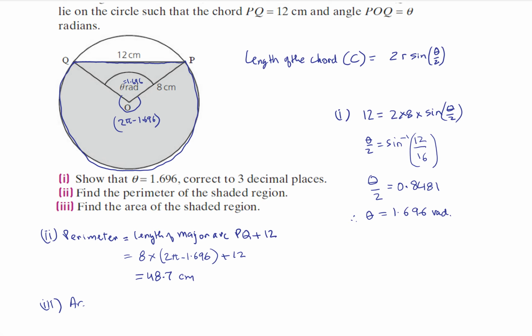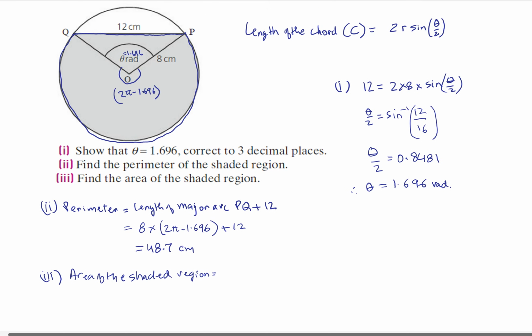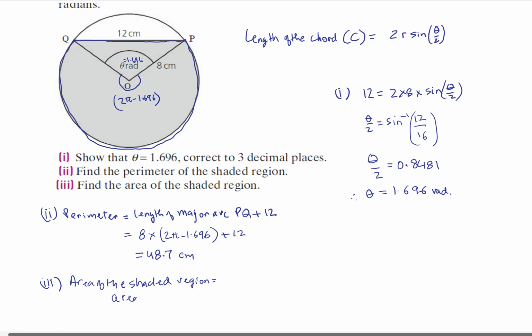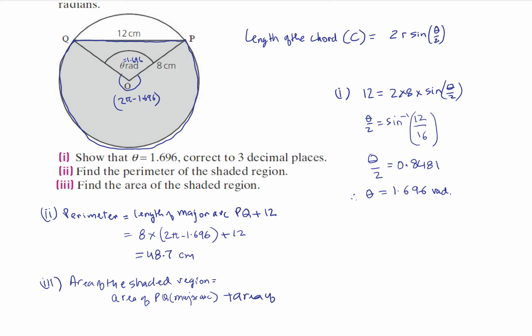So the area of the shaded region would equal the area of major sector PQ, plus the area of the triangle OPQ.